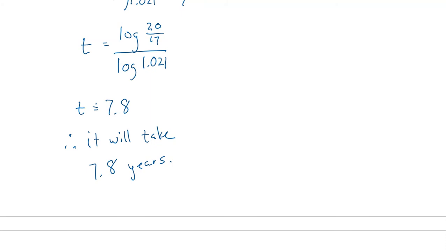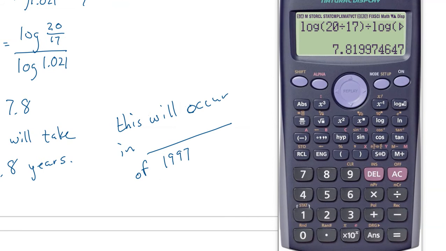Because it's 7 years and some after 1990. Hold on, I'm going to write this down first. This will occur in blank month of 1997. How do we find that month?